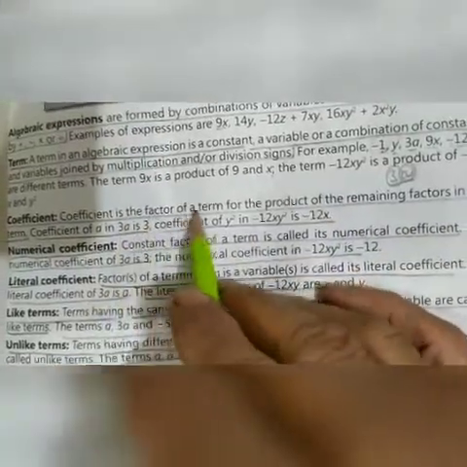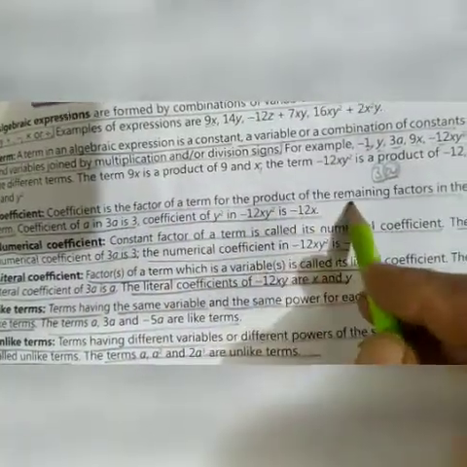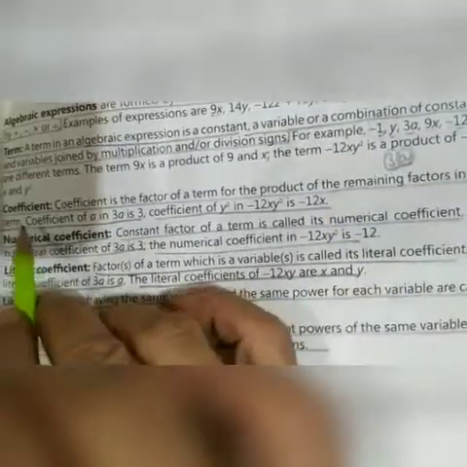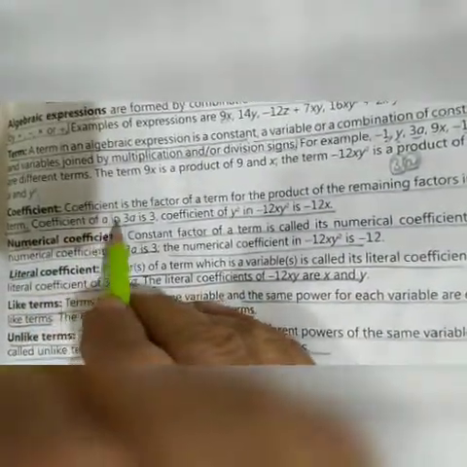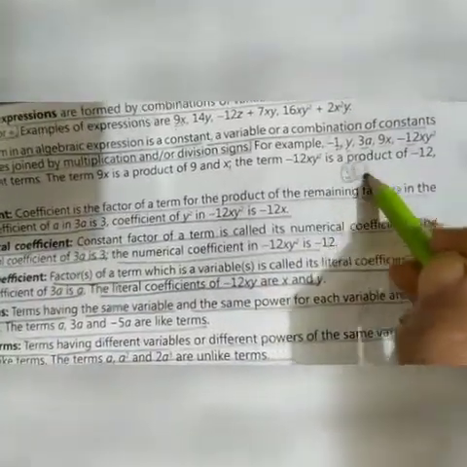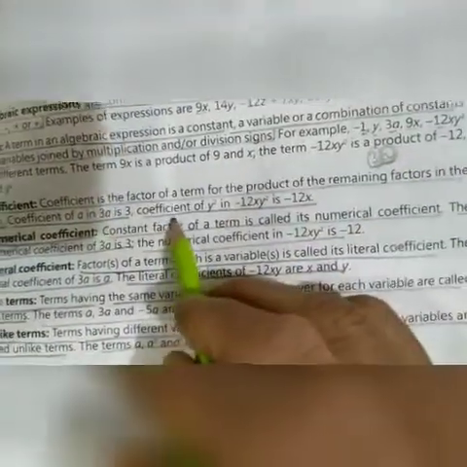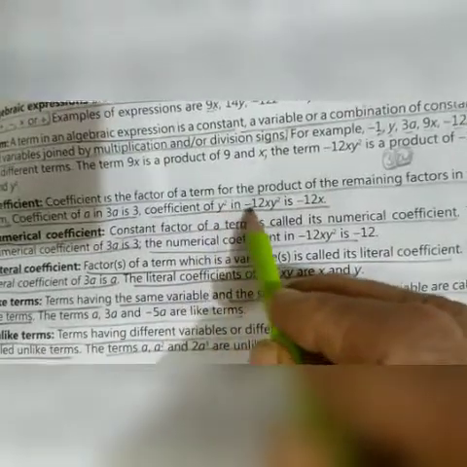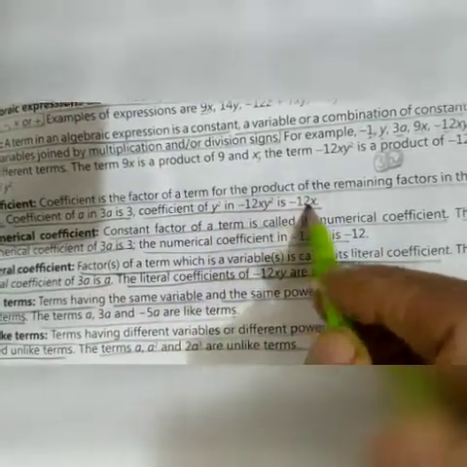So coefficient is the factor of a term for the product of the remaining factors in that term. Coefficient of a in 3a is 3. Coefficient of y square in minus 12x y square is minus 12x.